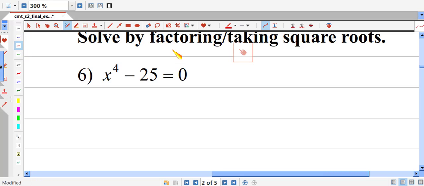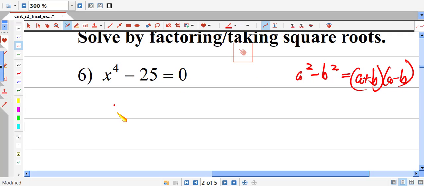So to factor something in quadratic form, I factor it as if it was a quadratic, meaning an exponent of 2. I follow those same factoring patterns. So this is a difference of perfect squares pattern, which is really something like a squared minus b squared is equal to a plus b times a minus b.